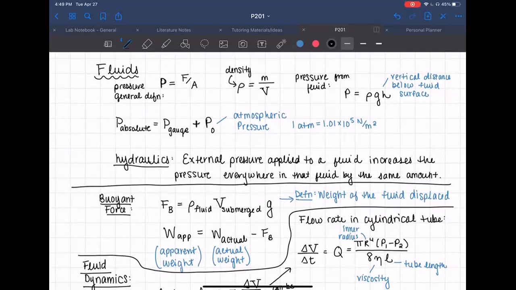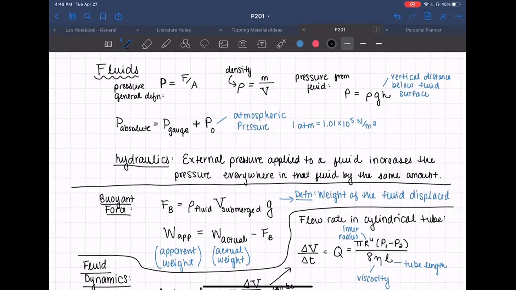Number 3 has all these weirdly shaped containers, but they're asking about the point at the same height. So it doesn't matter how much volume of the fluid is above, as long as the height below the surface is the same.